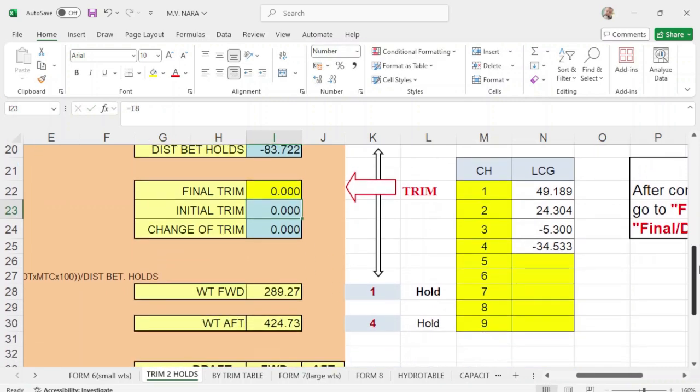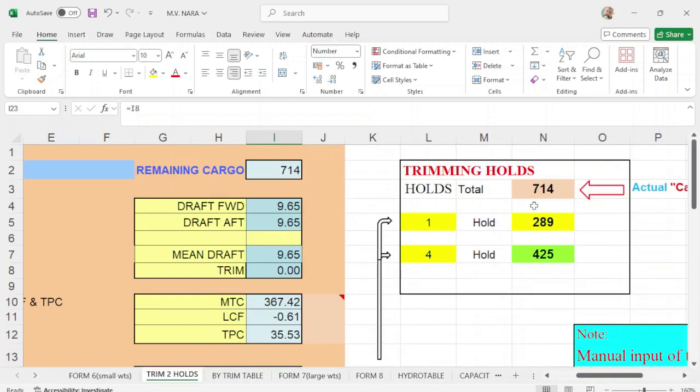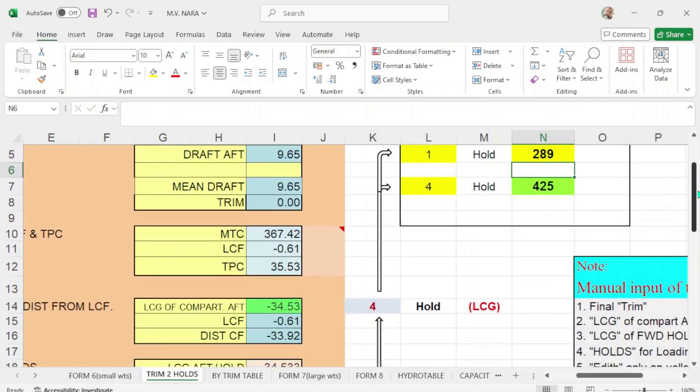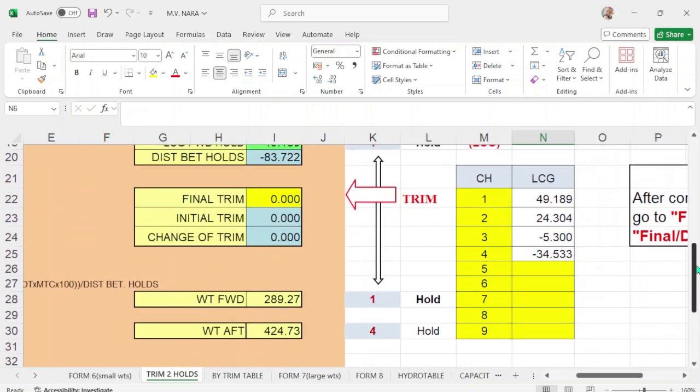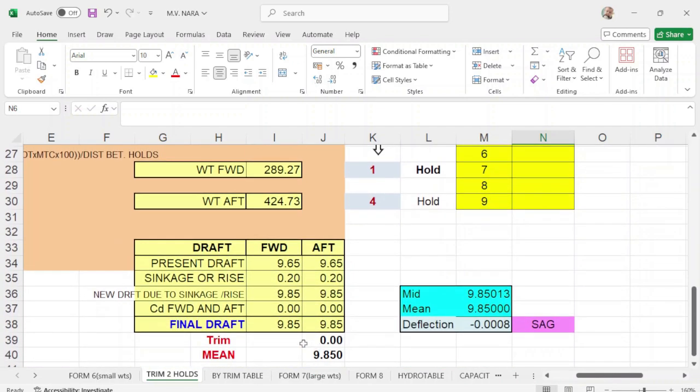And what will be your cargo in hold number 1 is 289. So you put here 289. Okay, and number 4 will be 425, and your departure drop will be 9.85, even keel, 0 trim, and your deflection is 0.